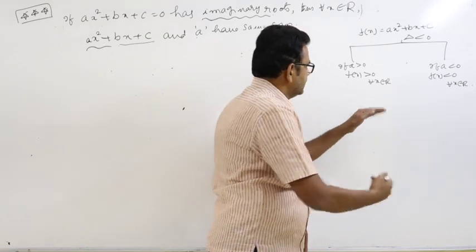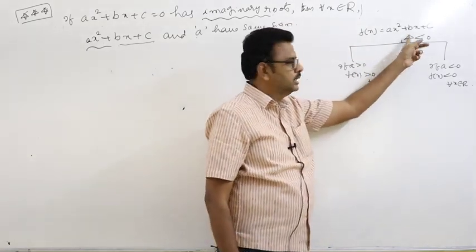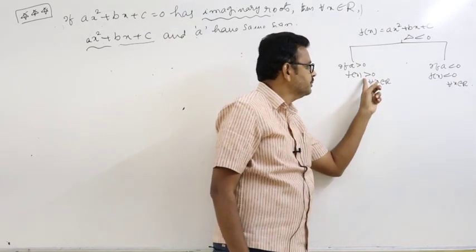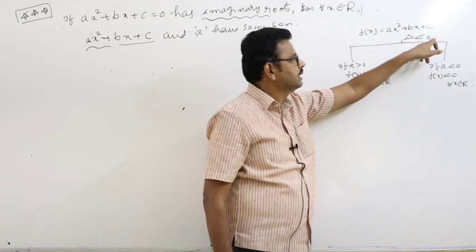Now, just the reverse question. If the expression is positive, what is the meaning? Delta less than 0. Expression is negative for all x, delta less than 0.